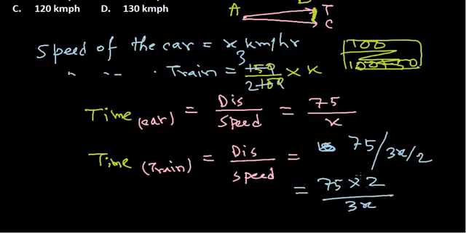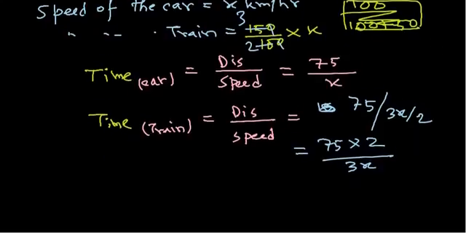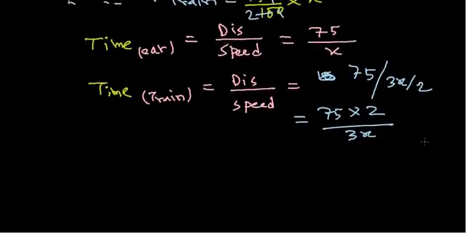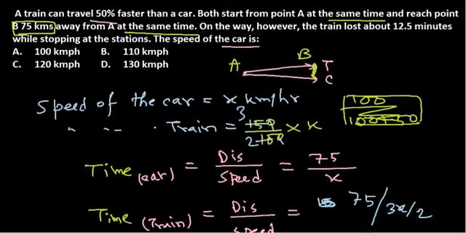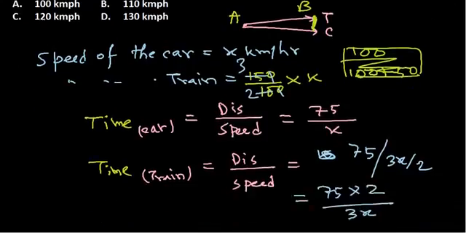This is the time taken by the train to travel, right? In this condition these times are equal, but it is telling us that on the way, the train lost about 12.5 minutes, right?